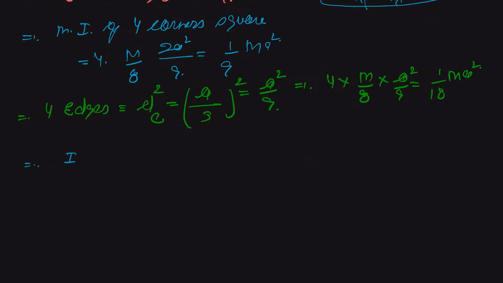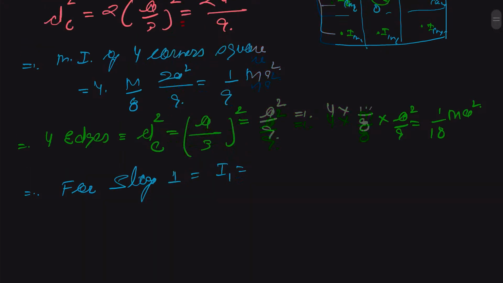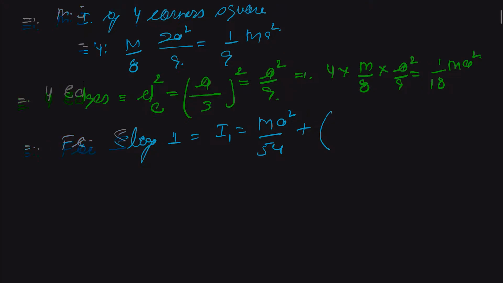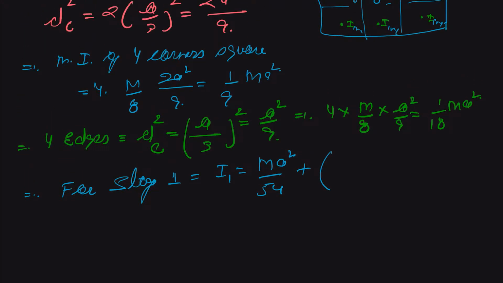Therefore we can say that the moment of inertia because of these total 8 squares, for stage 1, at our center, which is our I1, will be equal to ICM, the total moment of inertia, which is ma square upon 54, plus 1 by 9 plus 1 by 18 ma square, and this comes as 5 upon 27 ma square.